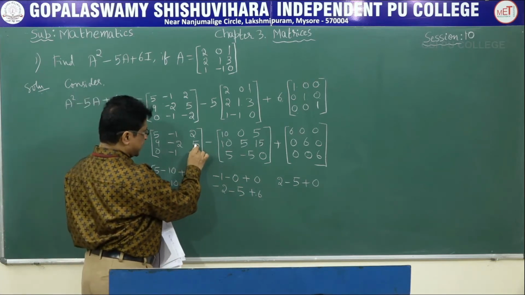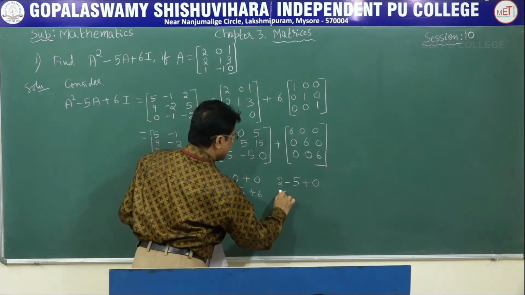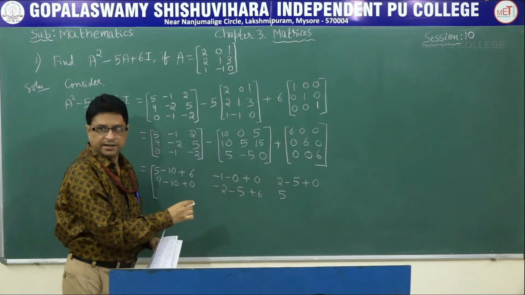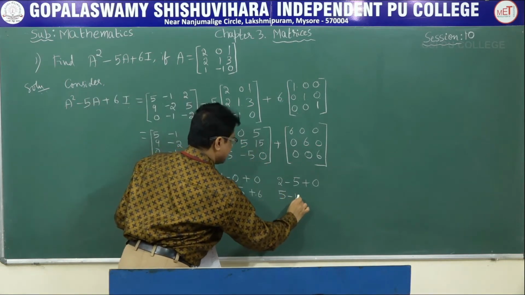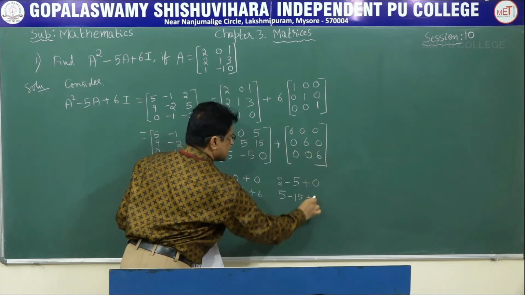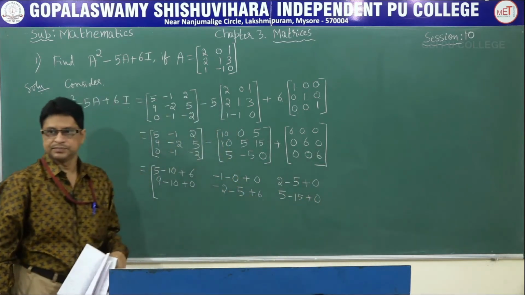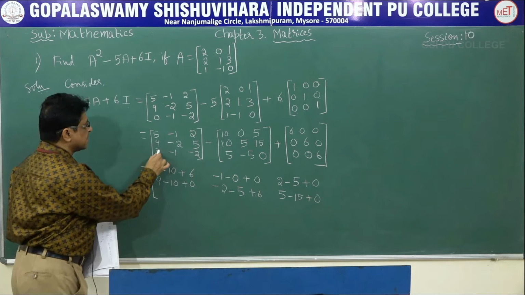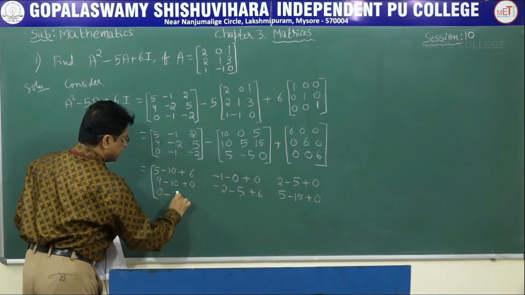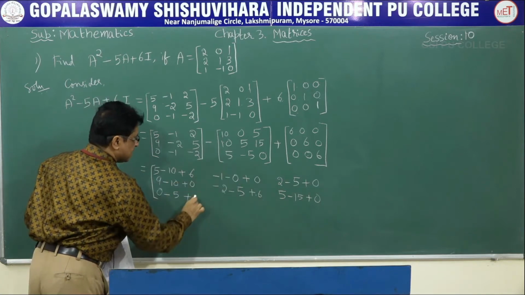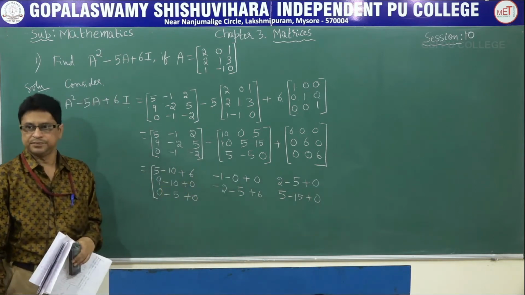Next element is 5 minus 15 plus 0. Last row is 0 minus 5 plus 0.